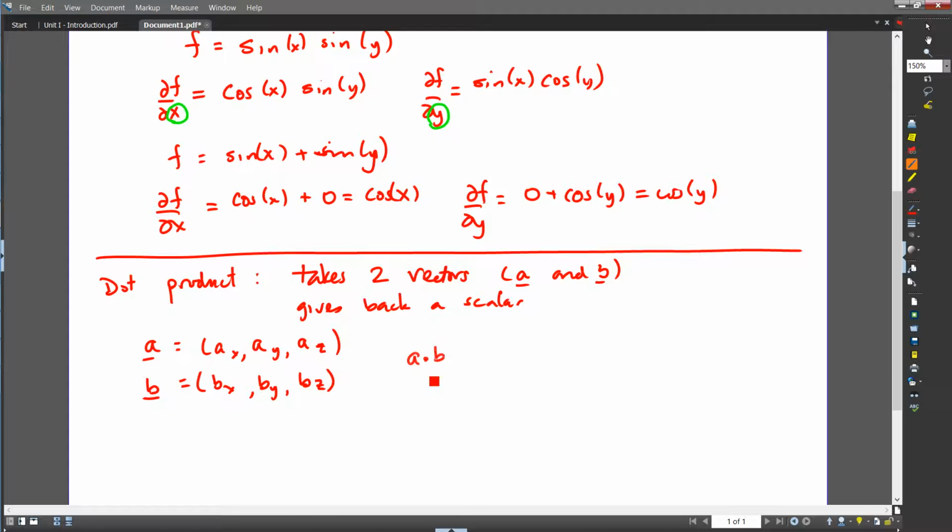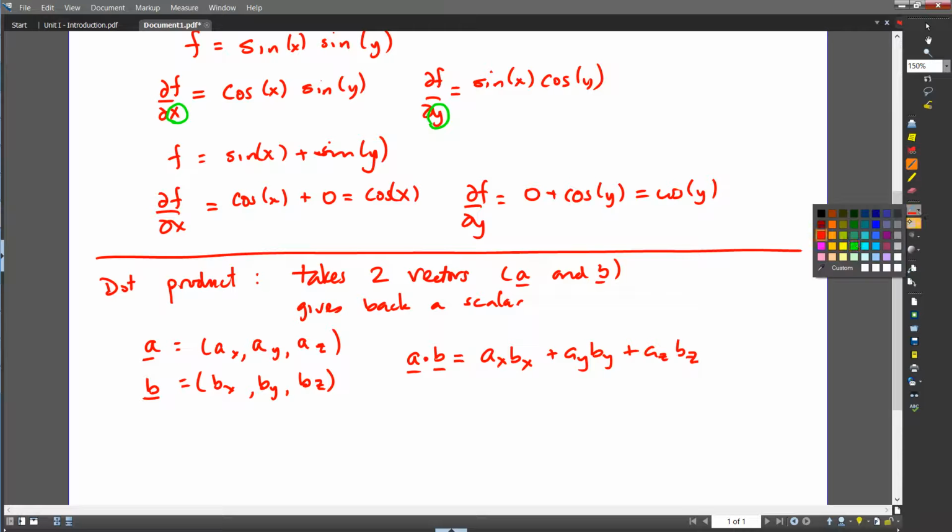And, very simply, to take the dot product, I do ax times bx plus ay times by plus az times bz. And if you have a hard time remembering that rule, here's an easy way to think about it. The first components of A and B multiply each other, the second components multiply each other, and the third components multiply each other, and then you add them all up. And I hope you all see that this is a scalar, right? I'm just taking numbers and multiplying them and adding them, and so that's how the dot product works.